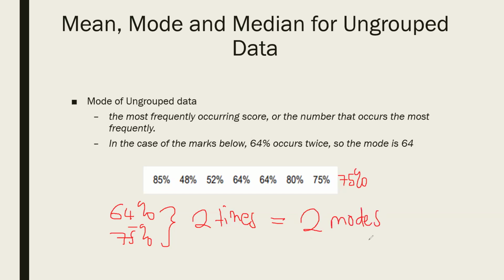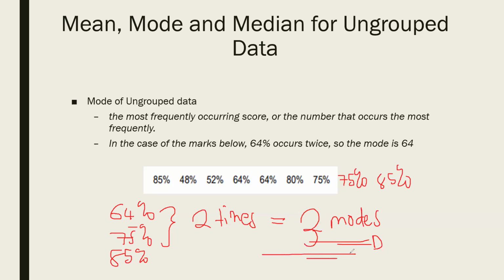So you can get more than 1 mode. Let's say you have 3 numbers that are repeated the most number of times at the same time. So let's say another number here is 85%. So you have 3 numbers that are repeated 2 times, and 2 times is the most frequently repeated. So in this case, it will be 3 modes, right? Something like that can happen.